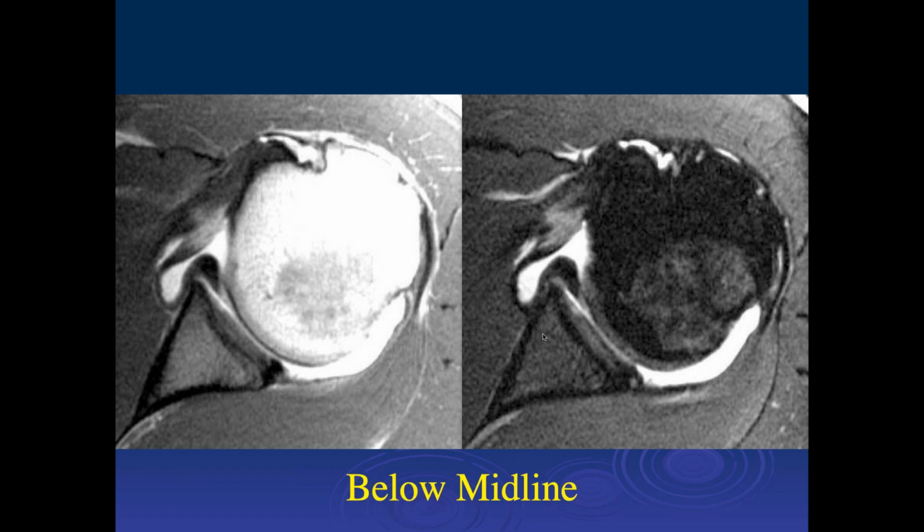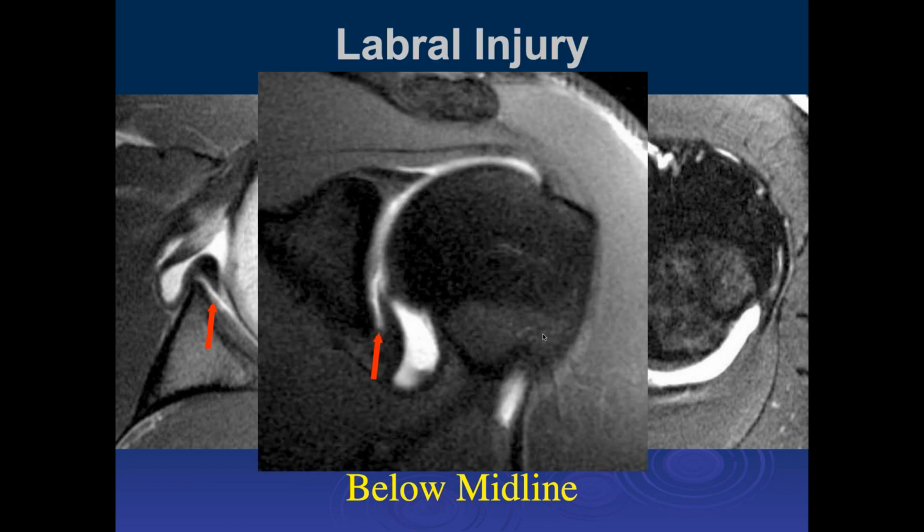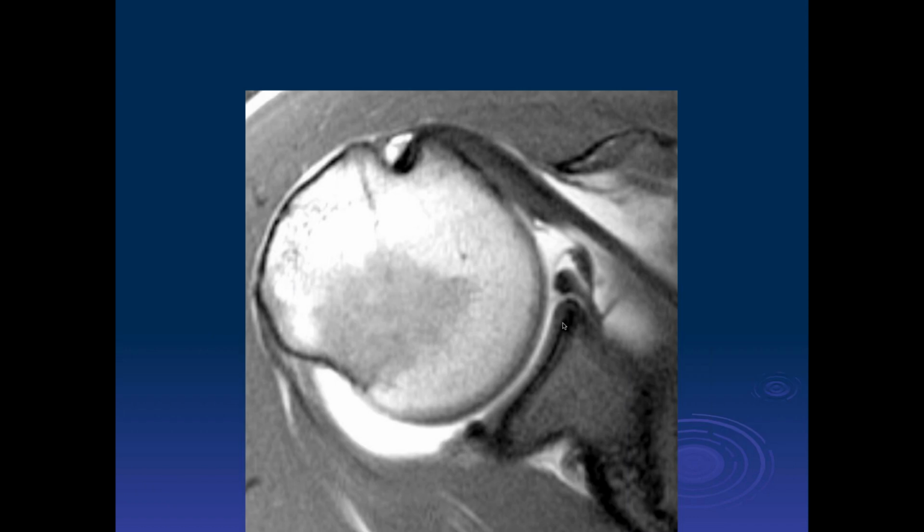Yeah, there's a small amount of linear contrast signal at the chondrolabral junction, but there's no full thickness enhancing tear. It doesn't go all the way through. There's no displacement of the labrum. This was called a labral tear in surgery, but they didn't actually fix it.